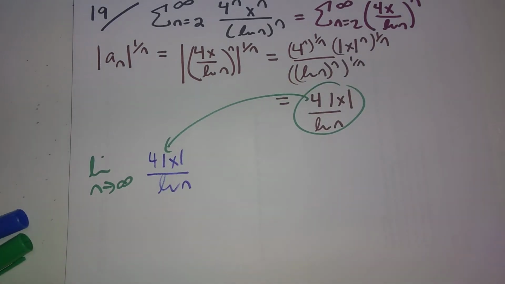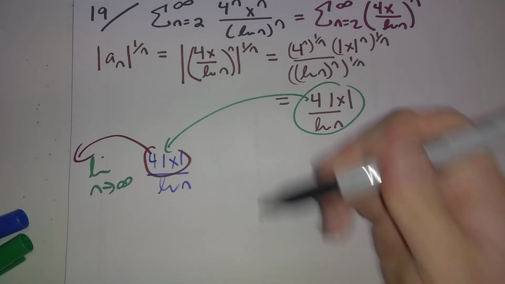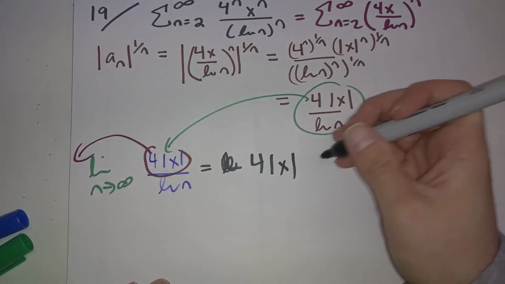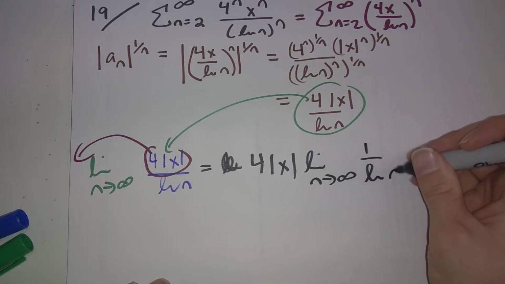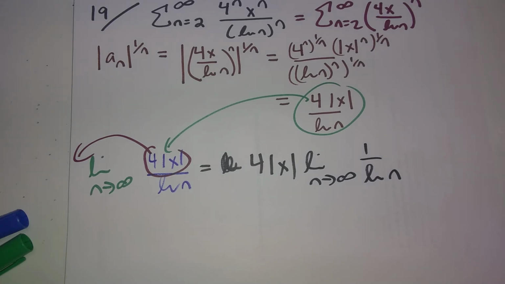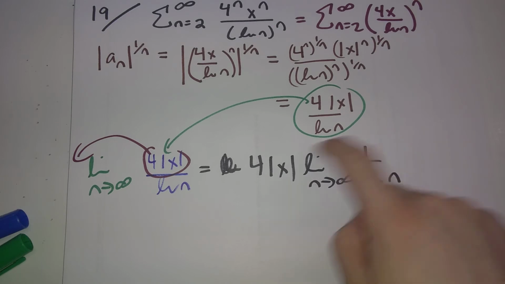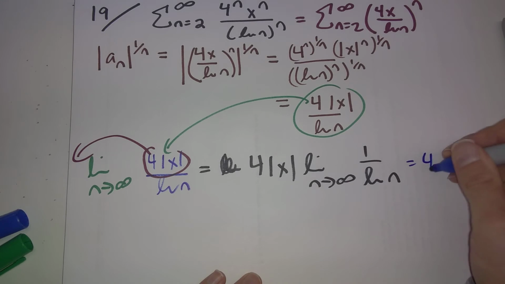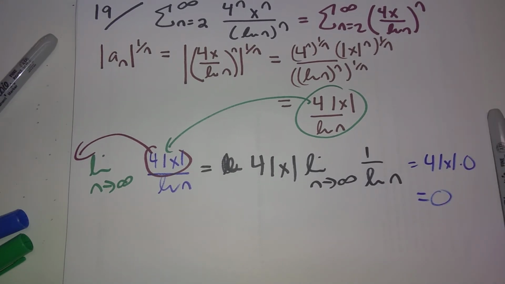That 4 and absolute value x don't have anything to do with n, so we can move them outside the limit. 4 absolute value x times the limit as n goes to infinity of 1 over natural log of n. Now what happens as n goes to infinity? Natural log of n goes to infinity, so this whole thing goes to 0. And so that answer there is 0.